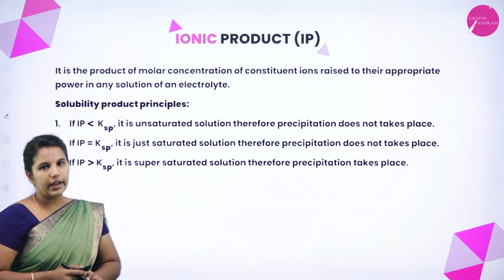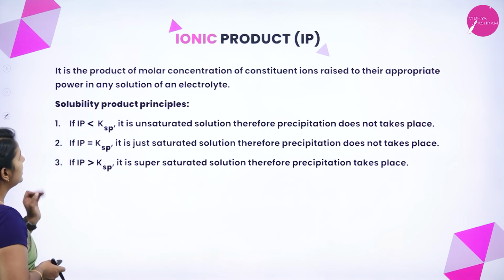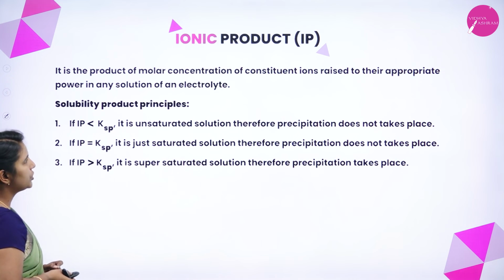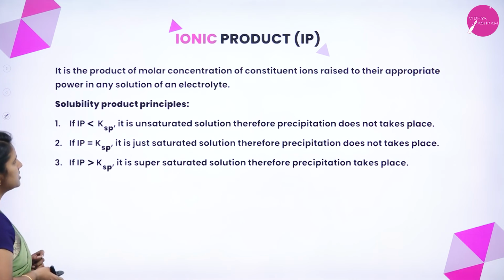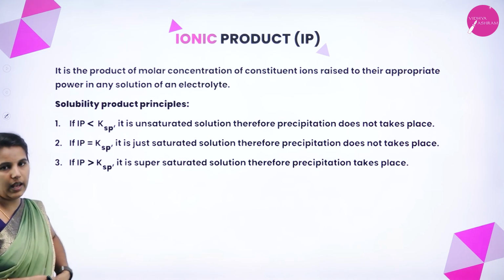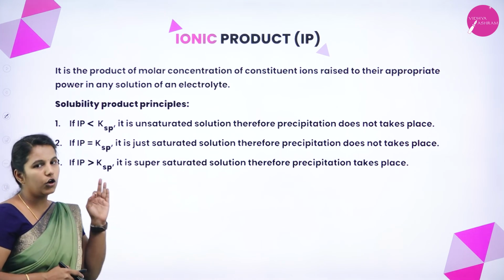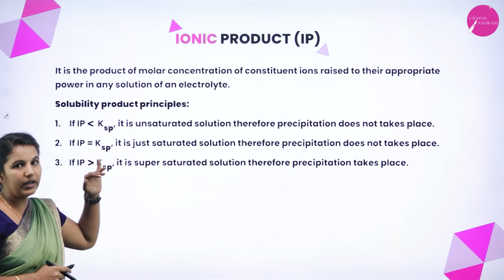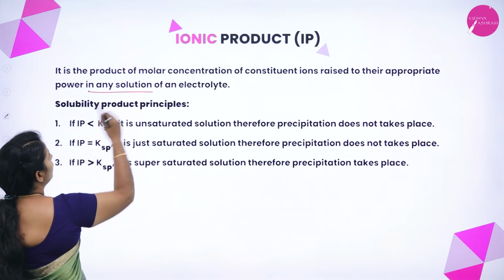Next we have ionic product. Let us see what an ionic product is. It is the product of the molar concentrations of the constituent ions raised to their appropriate powers in any solution of an electrolyte.